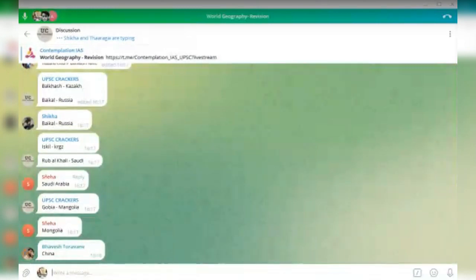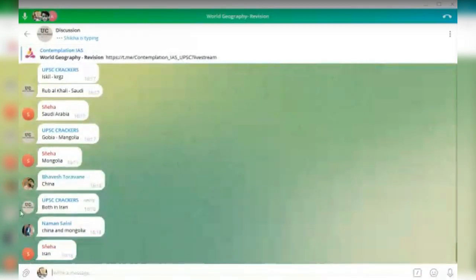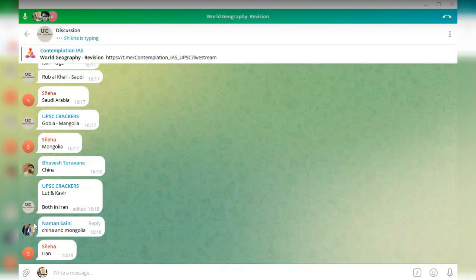Then Dashte Kavir, Dashte Lut. There are two Dashts, the first one is Kavir and another one is Lut. Please drop the locations for the same. So both of the Dashte Kavir and Lut are in Iran.